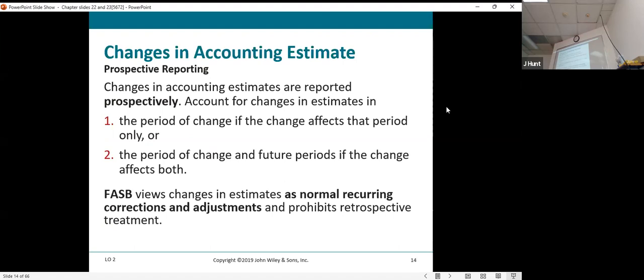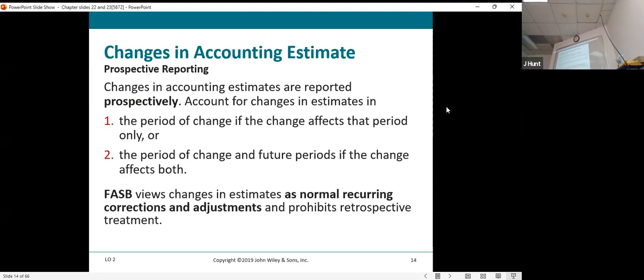The reason that happens is that estimates are considered normal in terms of changes because FASB, as it says here, expects corrections, adjustments. As you live your life of your company, you may say my receivables, I think 10% will be uncollectible, but experience might tell you it really isn't 10%, it might only be 5%, right?